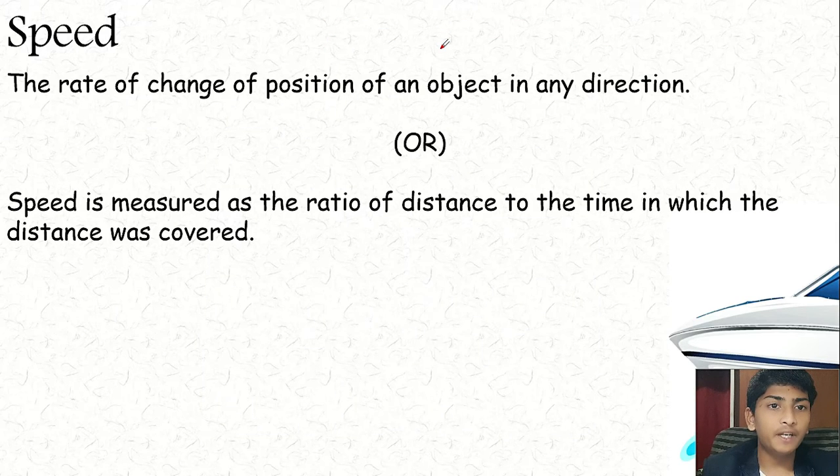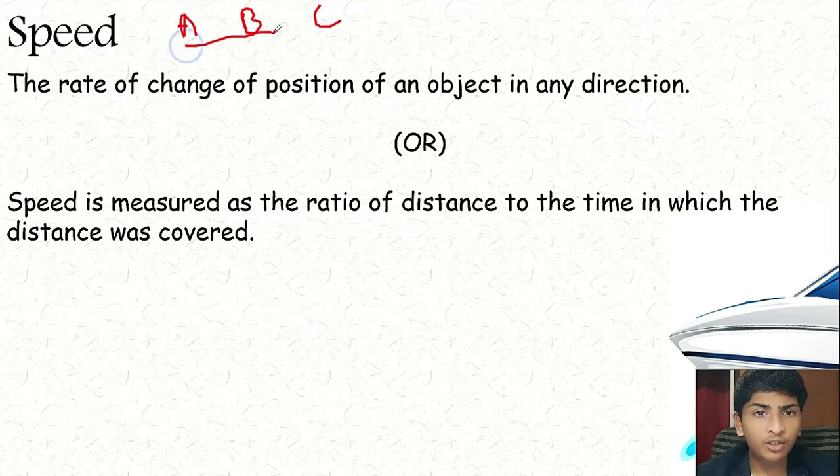Next, speed, the rate of change of position in any direction. Speed means the rate of change of position. Here A, B, C, from here to here, here to here, in any direction, within a certain time. Another definition is that speed is measured as the ratio of distance to the time in which the distance was covered.